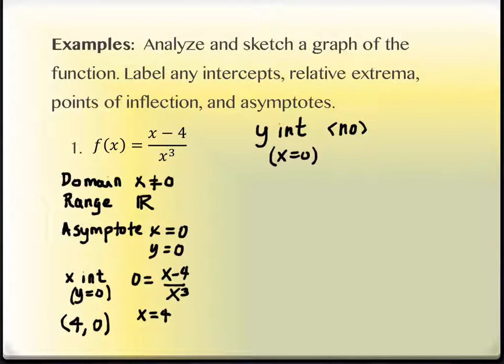Or if you had cubes, you would have a reflection that's odd, which means you could rotate it 180 degrees potentially and have the same thing. The reason this one won't have that is because the -4 on top doesn't have an even or an odd feature. So there isn't any symmetry. There's not symmetry a lot of the time. You'll know it when there is because you see it very easily. So when you don't see the symmetry, it's typically not there. Okay? It's really not that useful of a feature in graphing anyway.